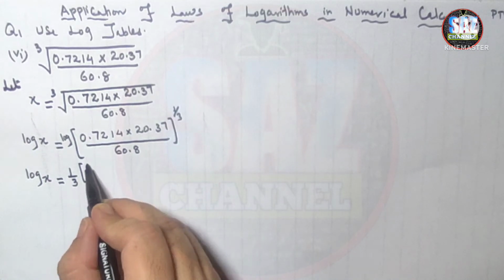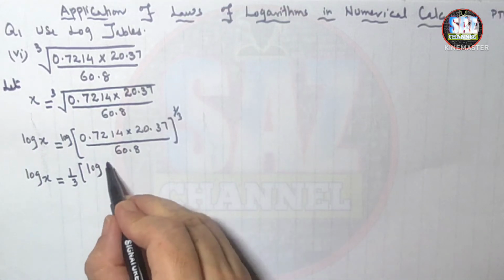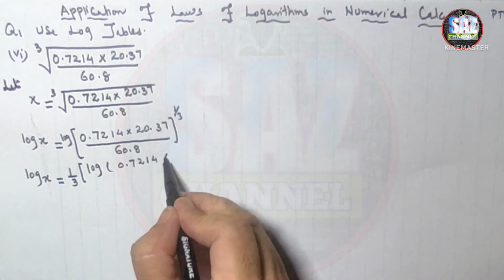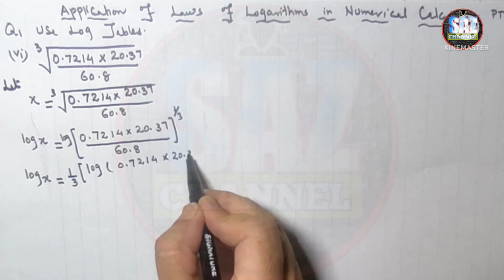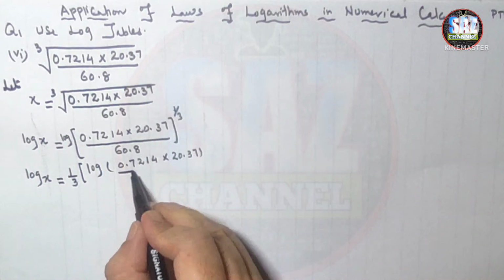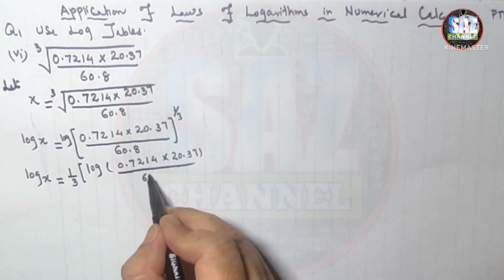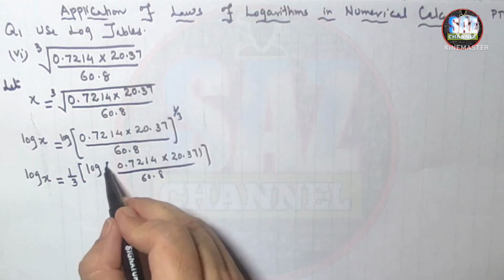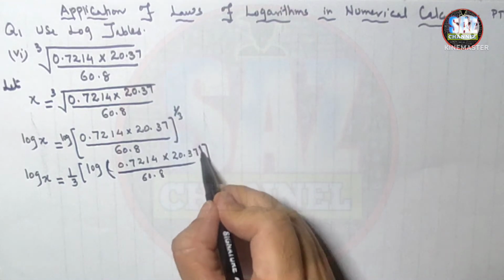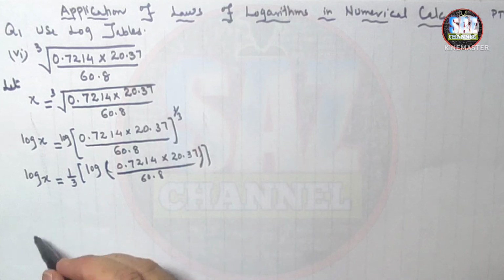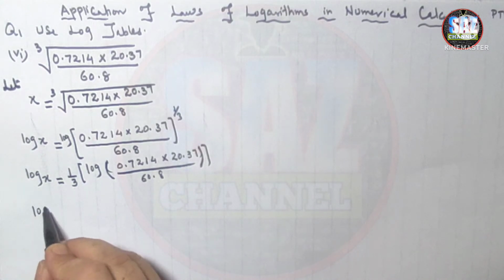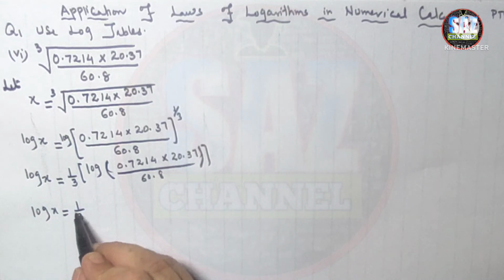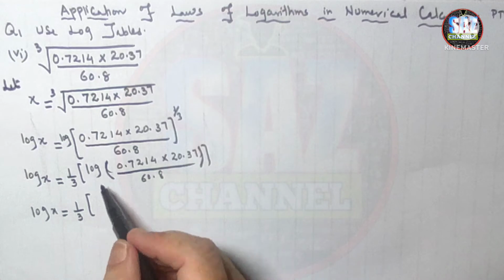I will be doing all of these steps because these are important questions of the board exams. 1 by 3 log of 0.7214 multiplied by 20.37 divided by what? 60.8. Here we have applied only one law of logarithm, that I am bringing this power down, and now you can see, students, that I have to apply one more law here, because the question is in the form of a fraction.